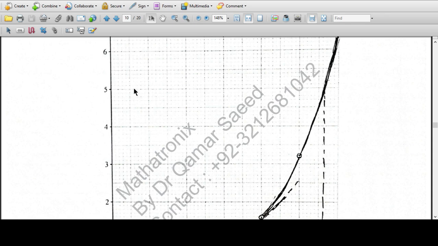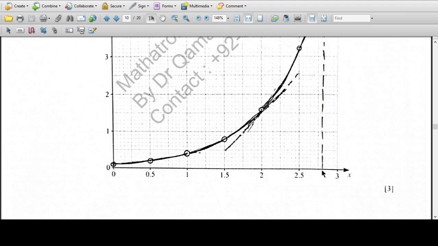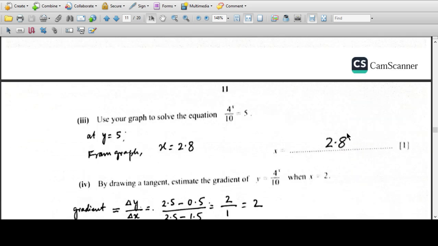At y is equal to 5, we read the value of x, which is between 2.6 and 2.75, 2.8, 2.9, and then 3. So the value of x is 2.8.